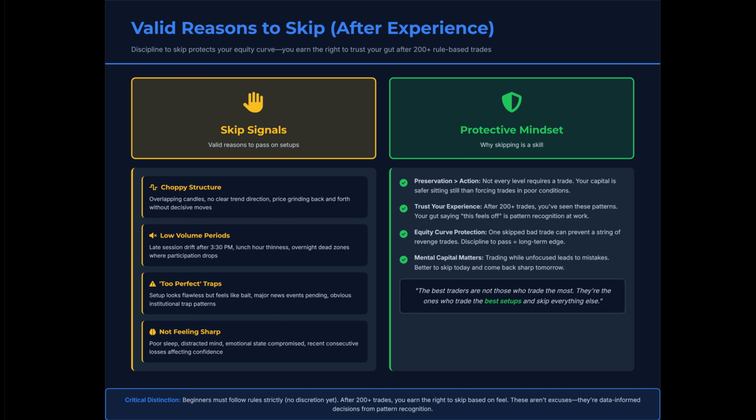Let's cover the 4 valid skip signals and why the protective mindset matters. Skip signal 1, choppy structure. The first skip signal is choppy market structure. This is when you see overlapping candles, no clear trend direction, and price grinding back and forth without decisive moves.